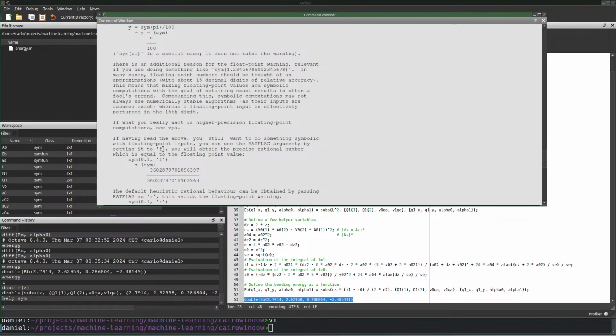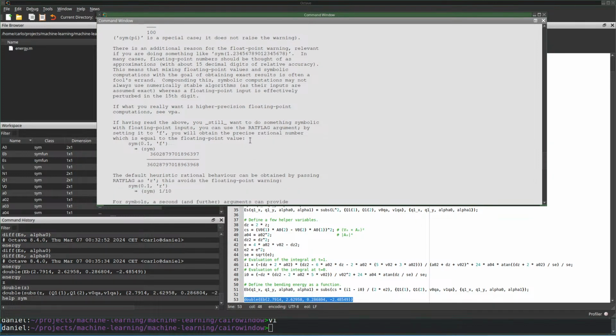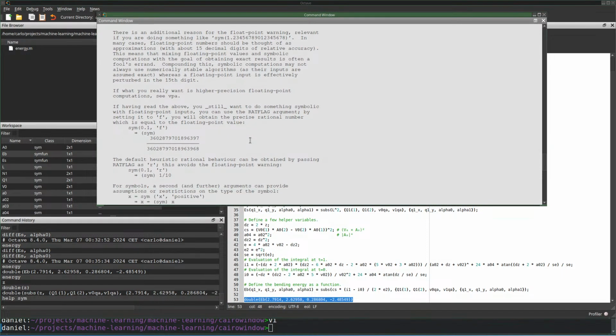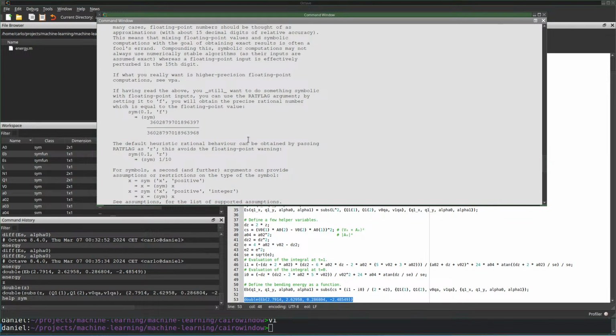By setting it to F, you will obtain the precise rational number, which is equal to the floating point value. The default heuristic rational behavior can be obtained by passing the flag as R. Let's avoid the floating point warning.